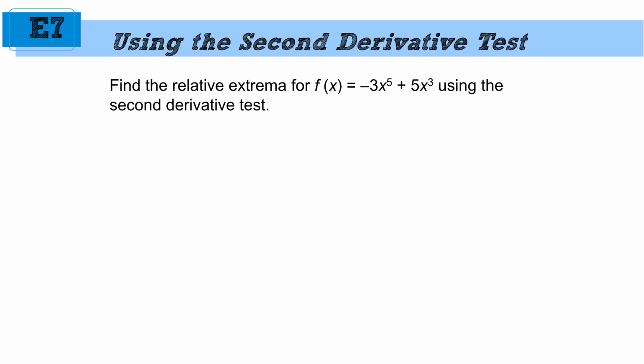So as we get started, please find the first derivative, the second derivative, and the respective critical numbers for each of those derivatives. You work, I'll work, we'll get to the same point. Go.